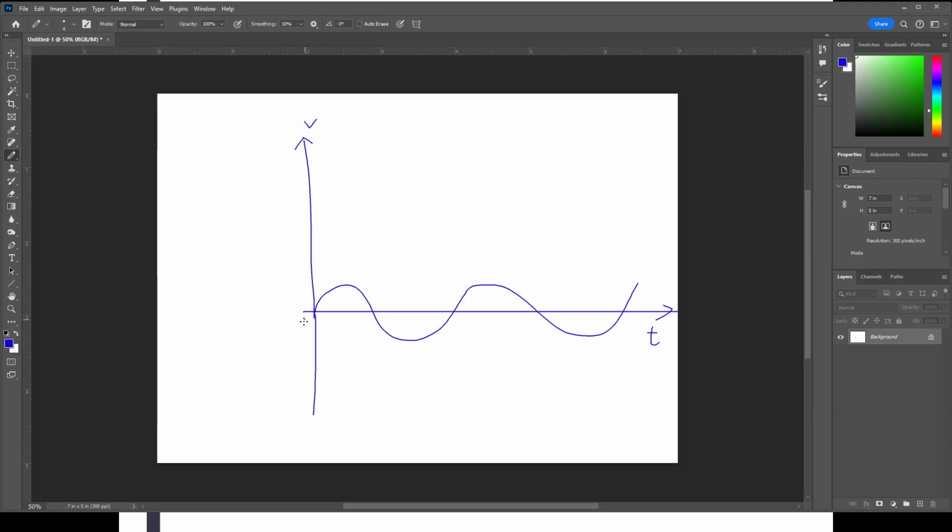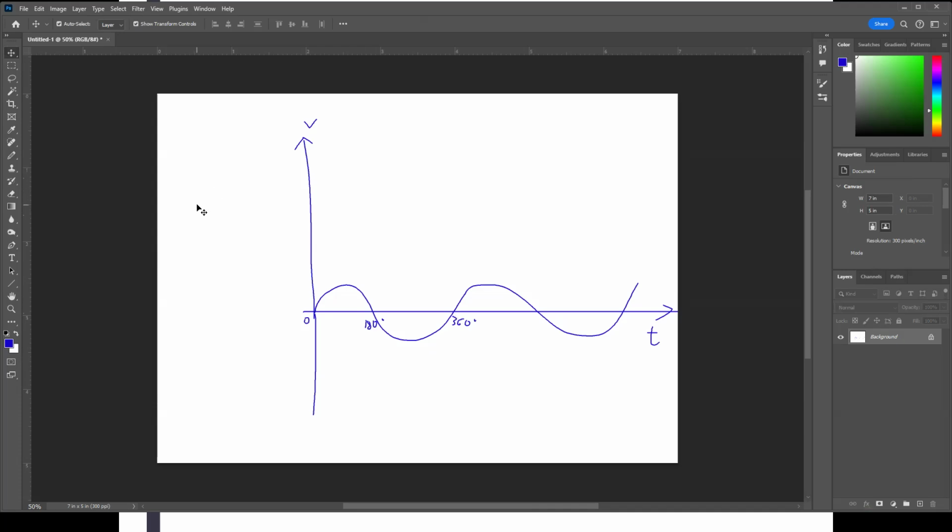Here would be 0 degrees, here would be 180 degrees, and here would be 360 degrees. I'm pretty sure you have studied some AC theory by now. So this here is a waveform that starts at 0 and repeats after 360 degrees.